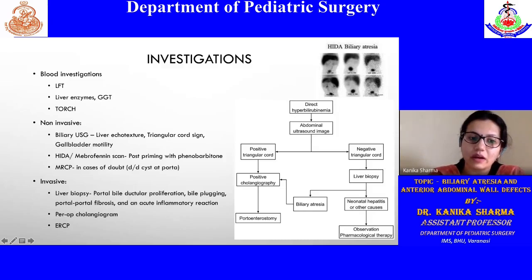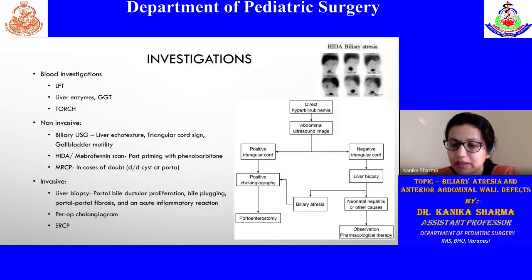So how we go about it: we look in the blood whether there is a direct hyperbilirubinemia or symptoms of obstructive jaundice. Then we go for ultrasound imaging, where if we see a positive triangular cord sign, we are more or less sure that there is some pathology associated with atresia.